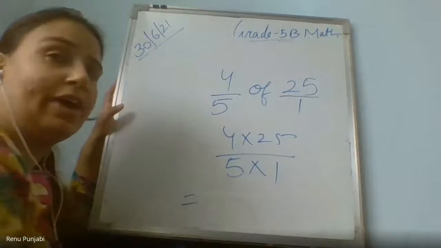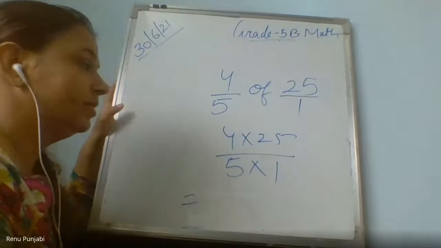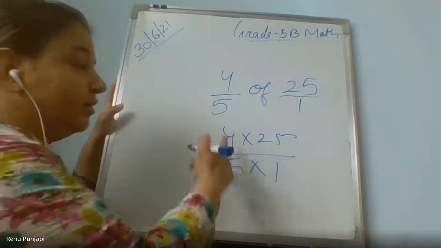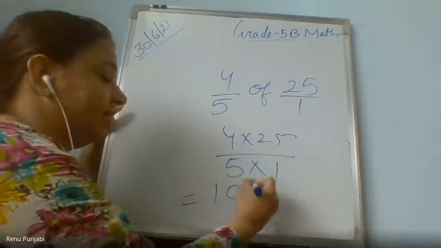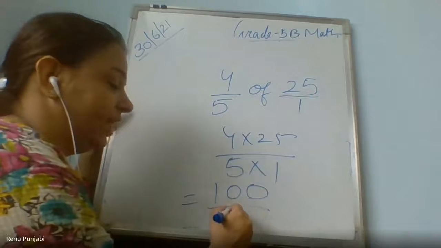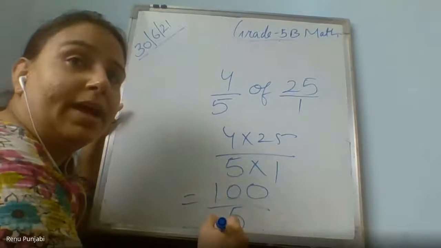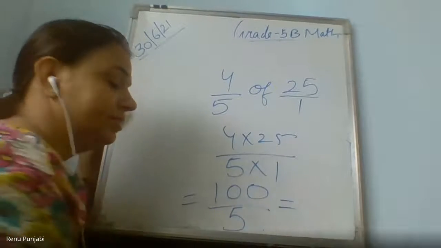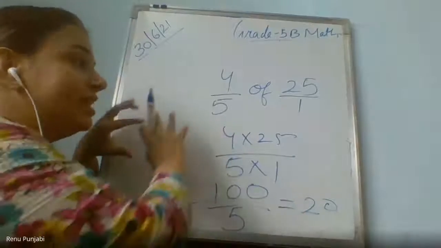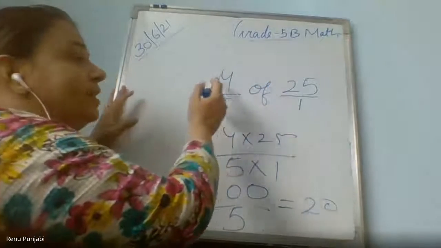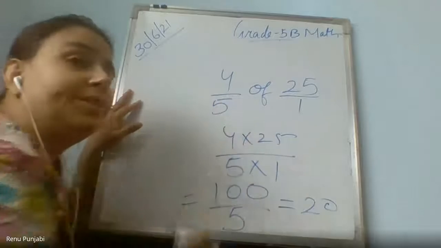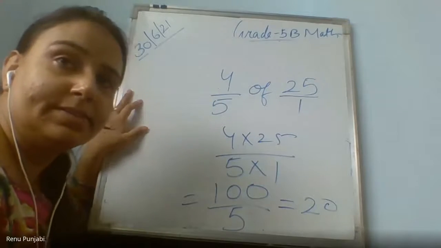Student, find the answer fast. 4 multiplied by 25 is 100, Anushka, and 5 multiplied by 1 is 5, and 100 divided by 5 is 20. Clear, Anushka? Yes, ma'am. If any sum is coming, you just need to multiply the numerator with the numerator and denominator with the denominator and divide it.